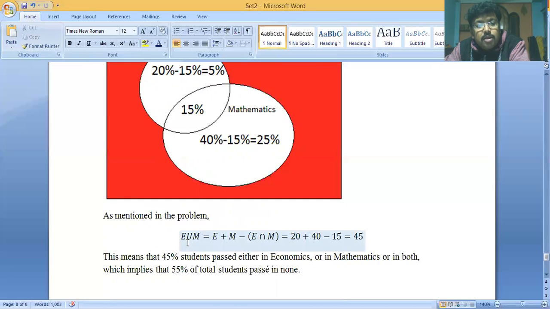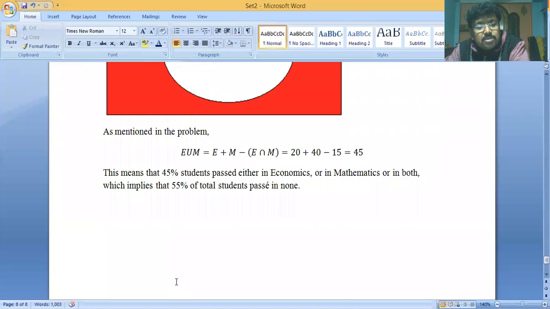So the union of economics and mathematics is 45. This means 45% of students passed either in economics, or in mathematics, or in both. So what remains? 100% minus 45% equals 55%. Passed none.